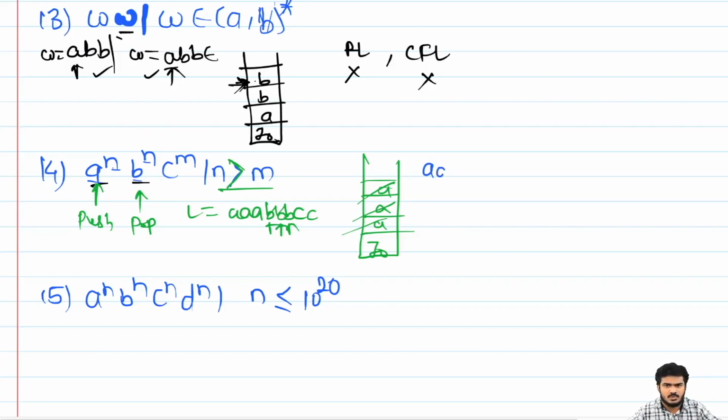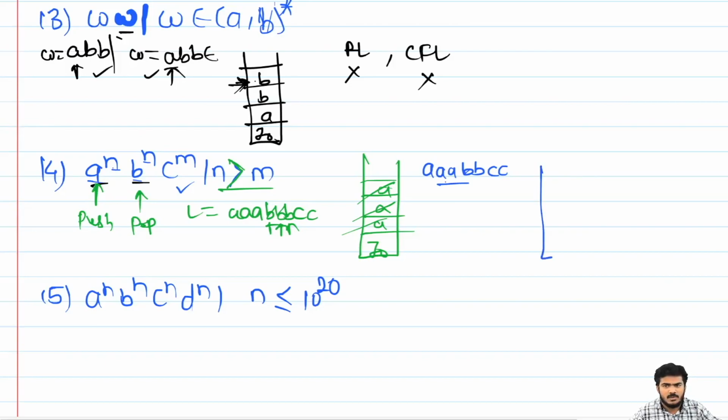Suppose I get a string like triple a, double b, and cc. This string will not be present in the language, because whatever number of a's are there, that number of b's should be there.